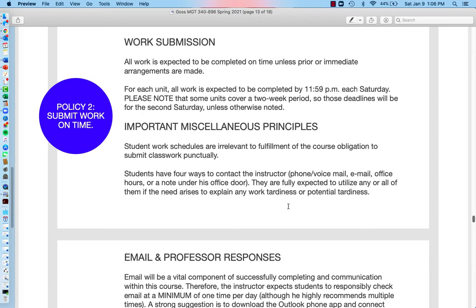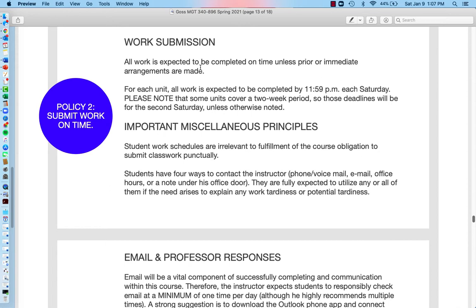Policy number 2. All of your work is expected to be completed on time unless you make some sort of prior arrangement with me or an immediate contact to me and say, hey, I was in a car wreck this past week. I'm just now out of the hospital. Can I make up the work that I missed? No problem on that. We'll figure out a way. I'll work with you until we get it resolved to your satisfaction and mine.